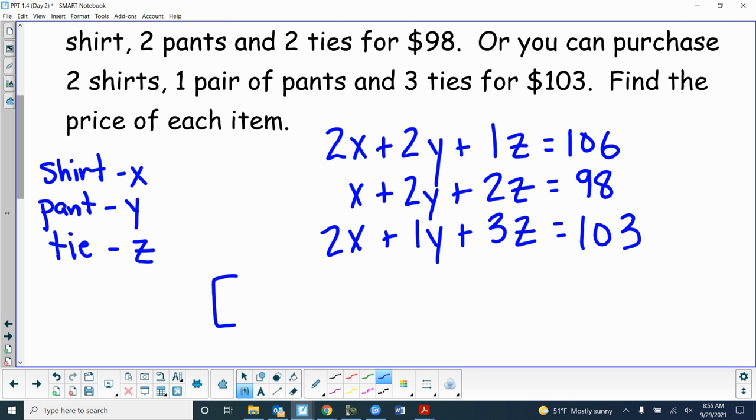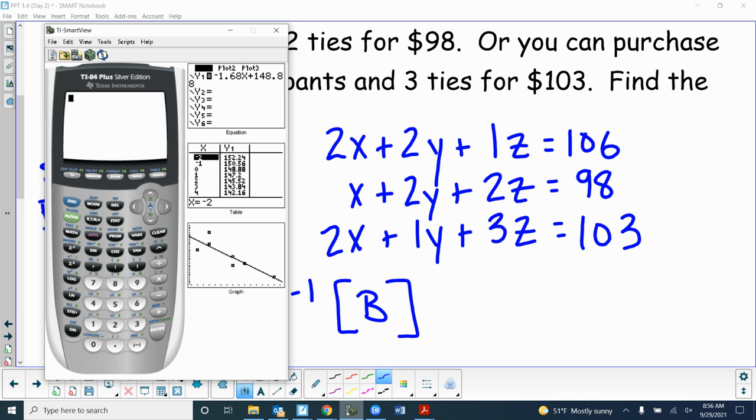Yeah, we got to remember A inverse B. Sometimes we mess up, we forget the inverse part. Okay? So to get A to come up, you just go second, matrix, enter, and A pops up. Then you hit this inverse button, which is the one you've been hitting without the second, so that -1 comes for inverse. And then second inverse for matrix, and then hit 2 for B and enter.